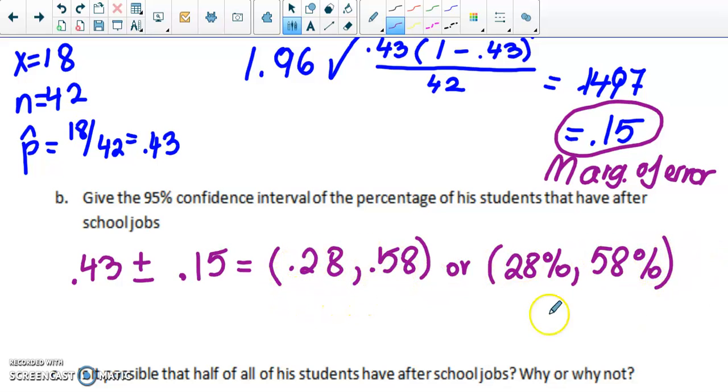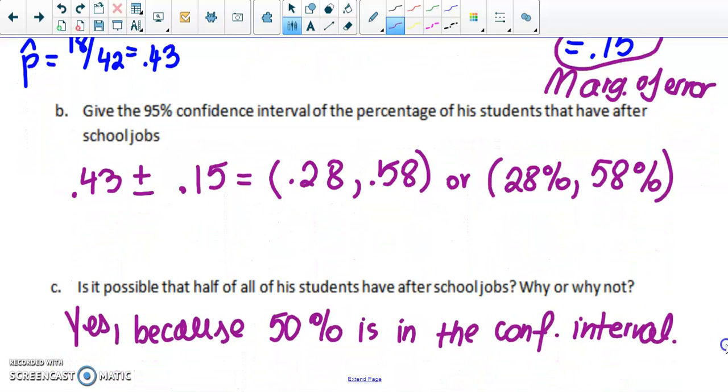And then, is it possible that half of his students have after-school jobs? Why not? Half is 50%. We can see that 50% is within the confidence interval, so we can answer yes, because 50% is in the confidence interval.